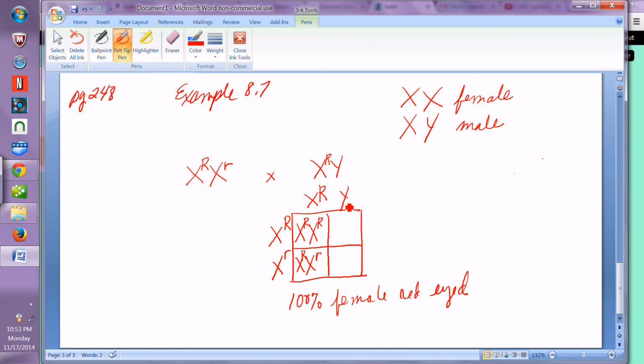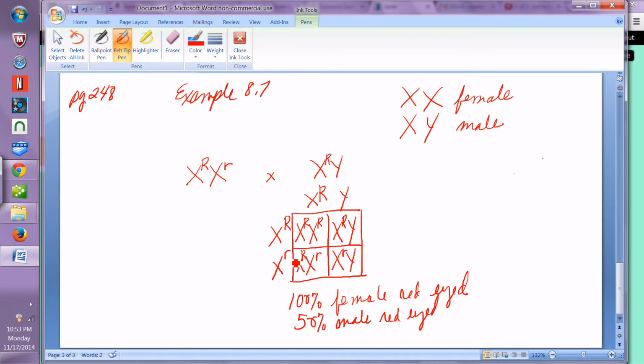And let's look at the males. So here he got the dominant. And here he got the recessive. So 50% of the males will be red-eyed. So he only had to get one dominant allele on the X chromosome that he inherited from his mother in order to become red-eyed.